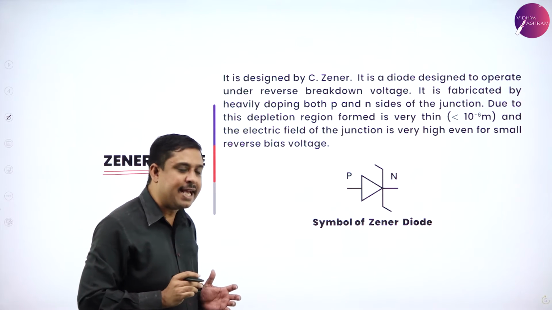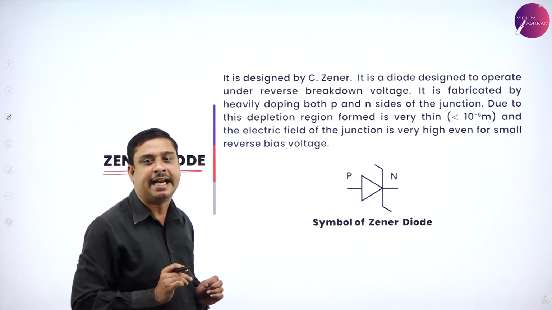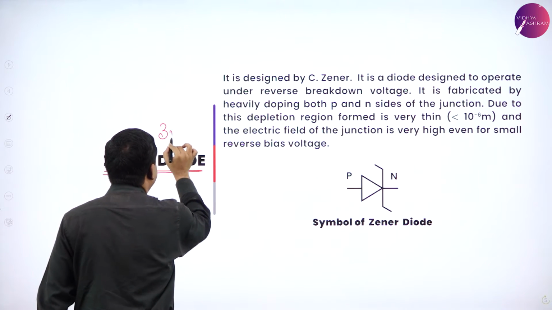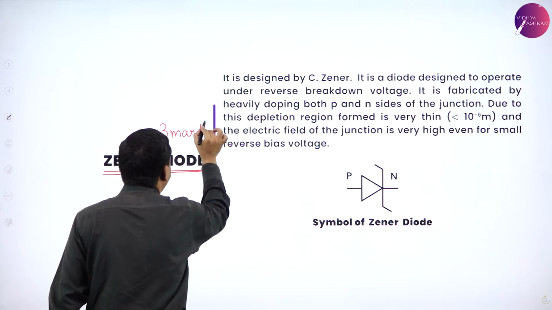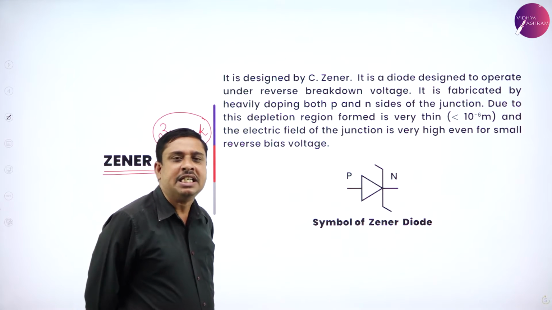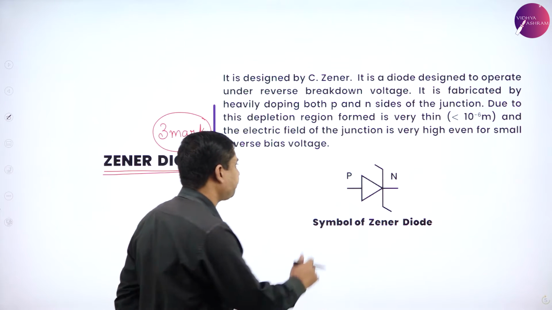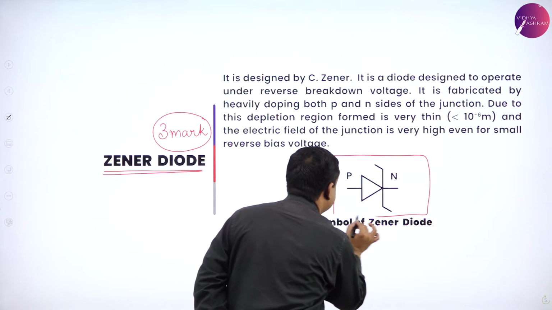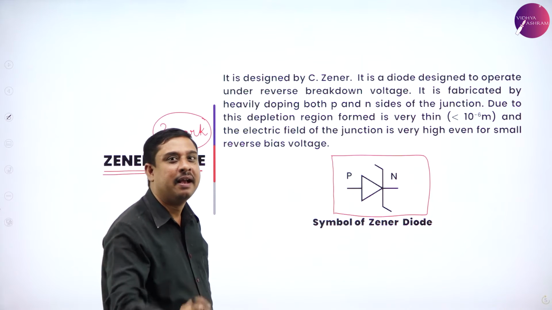And in the exam, this is again asked as a 3-mark question: features of Zener diode. So this is the symbol of Zener diode.